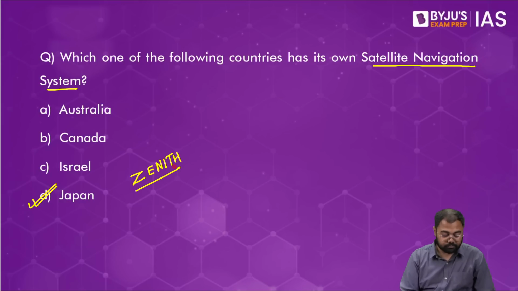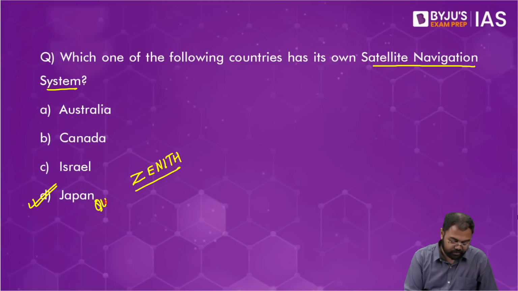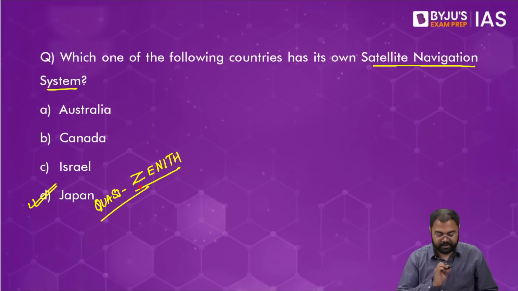This was a direct question that they had asked. The zenith system, also called the quasi zenith system. This belongs to Japan. So Japan is the only country out of these which is using its own navigation system.